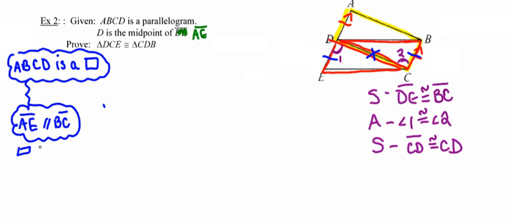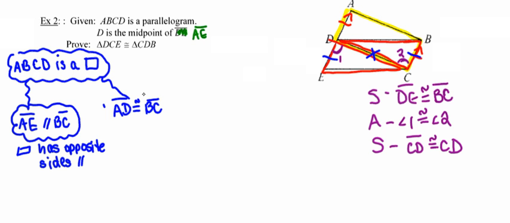And that's because a parallelogram has opposite sides that are parallel. And I'm going to leave that for a minute because I really wanted to narrow in on showing why these sides DE and BC have to be congruent. I do know that side AD has to be congruent to side BC because in a parallelogram, opposite sides are congruent.